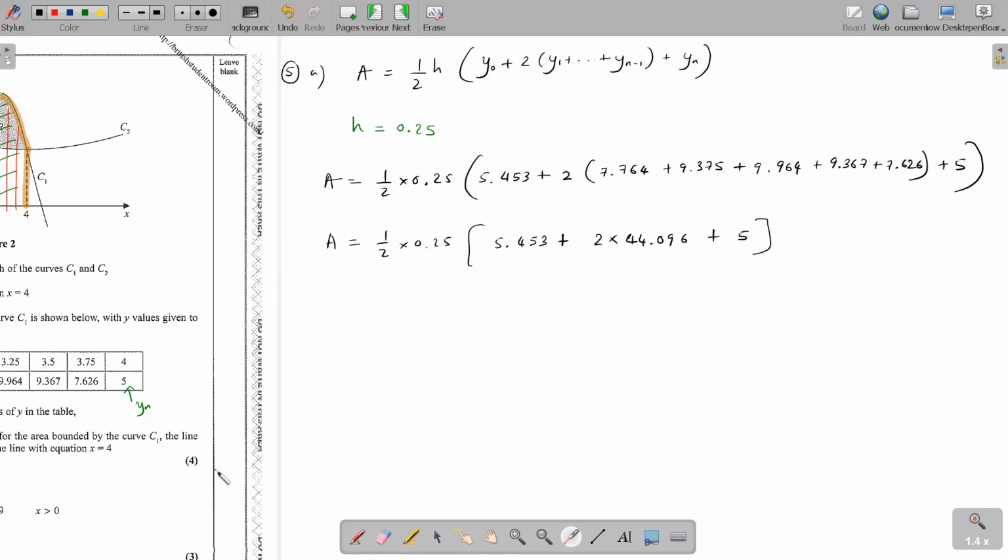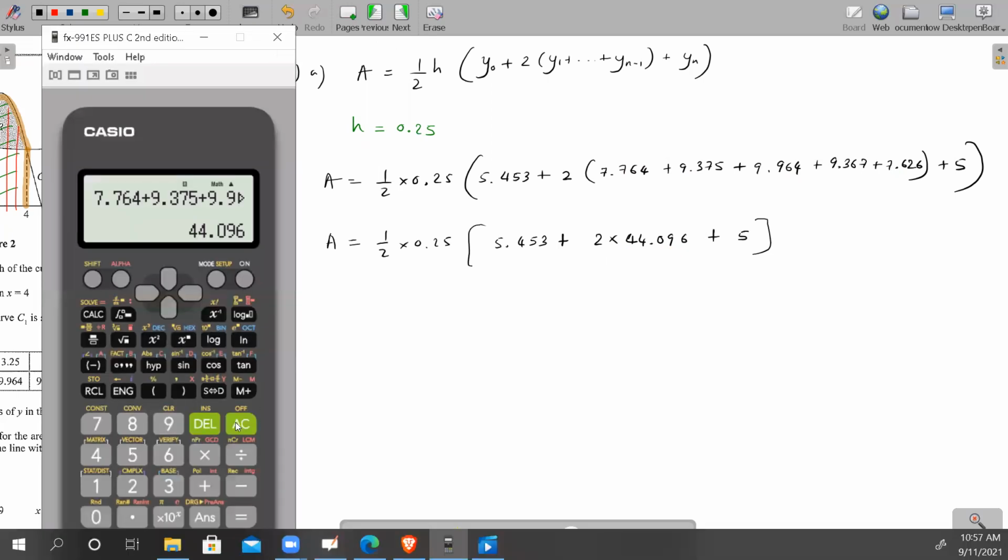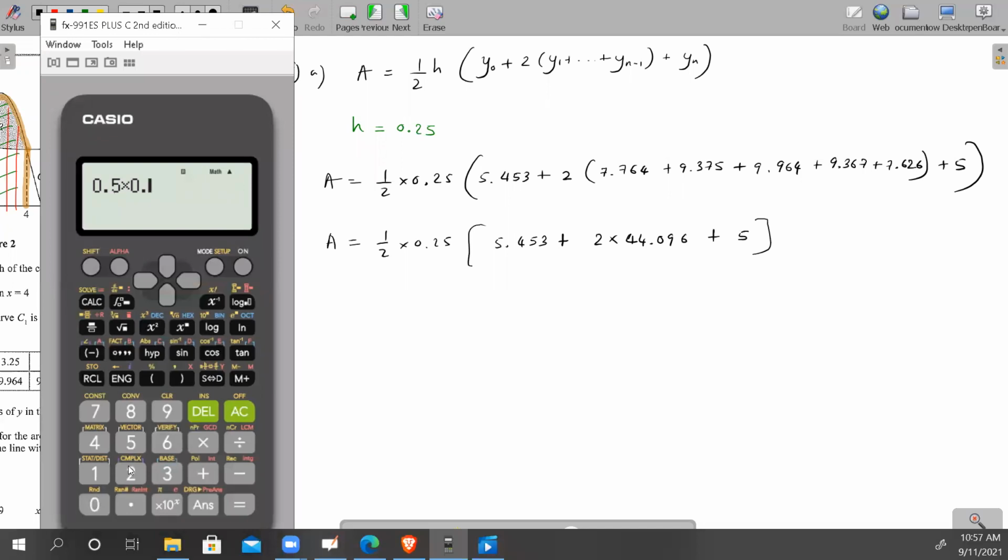So now finally the whole thing in the calculator one last time. So half into 0.25 into 5.453 plus twice of 44.096 plus 5, right? So you get this, and then the final answer you get is 12.33.